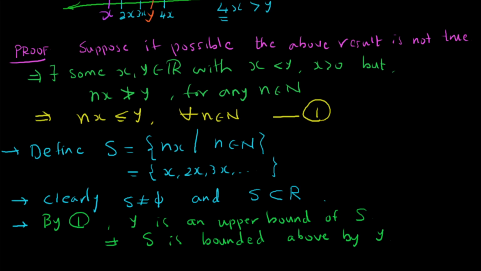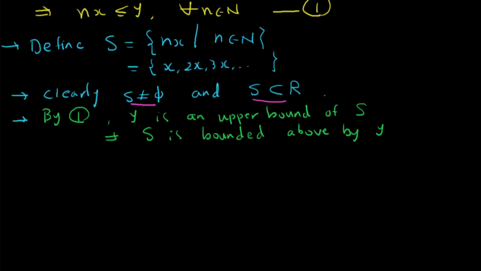So these three things: S is non-empty, S is a subset of R, and it is bounded above, tell us by completeness of R, we know what the completeness property is. R is a complete field.